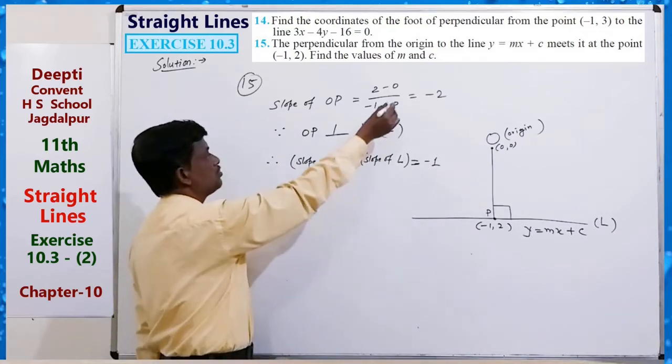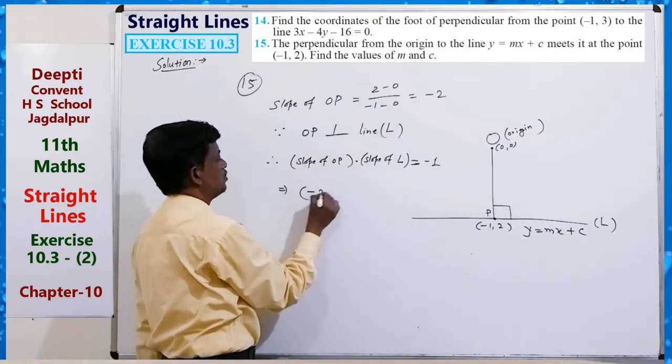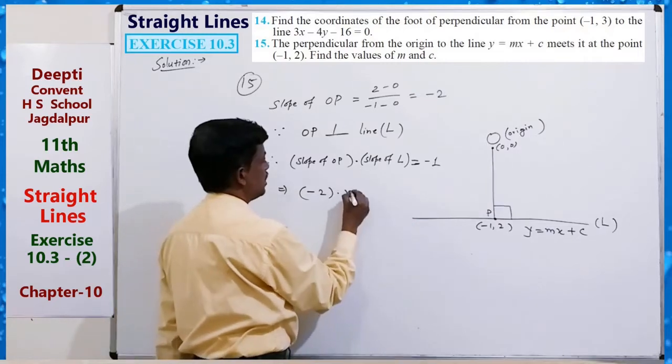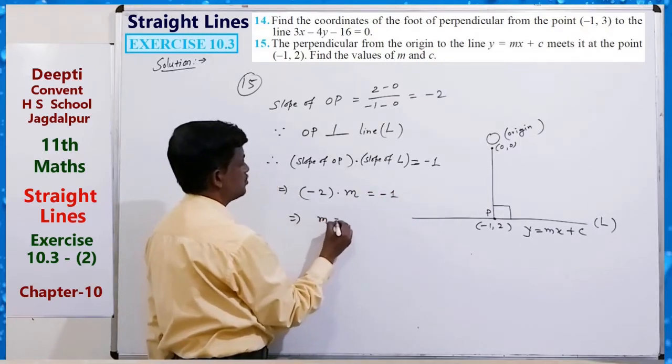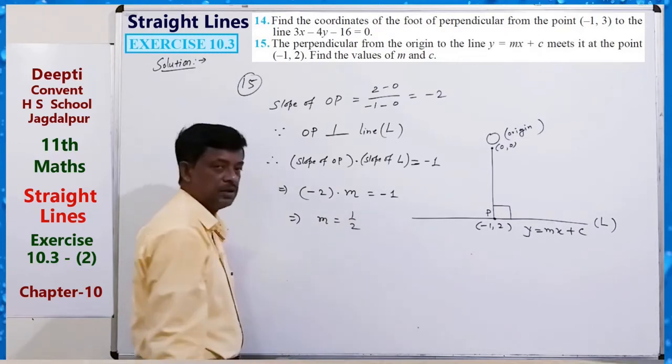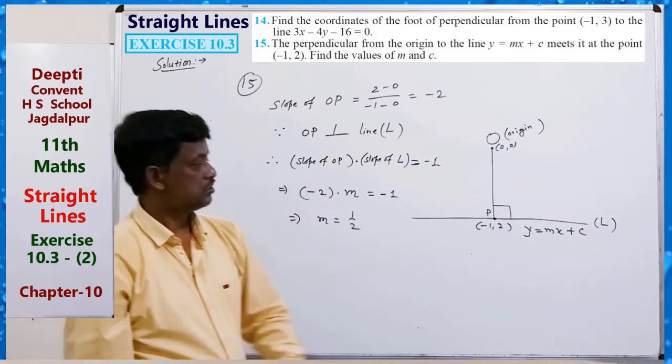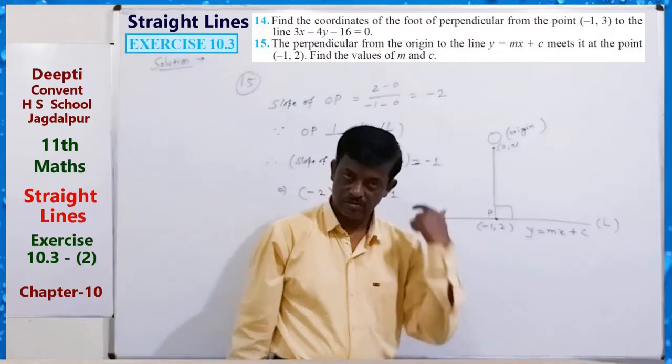Slope of OP equals minus 2, and slope of L is m, so m equals 1 by 2. So the value of m is 1 by 2.